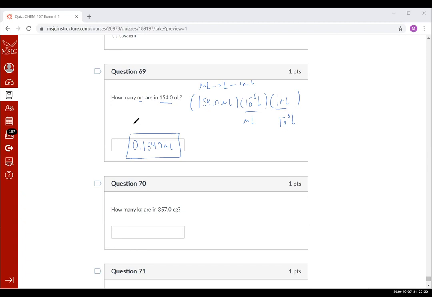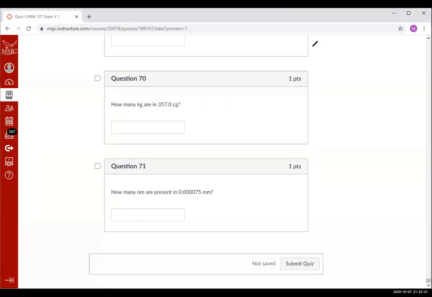Okay, continuing on. Let's look at these last 2 examples. We're trying to calculate the kilograms given the amount in centigrams. So we're going from centigrams to grams to kilograms. If we have 357.0 centigrams, we know that we have 10 to the negative 2nd gram per centigram.